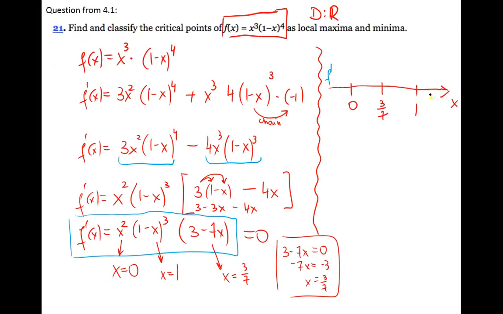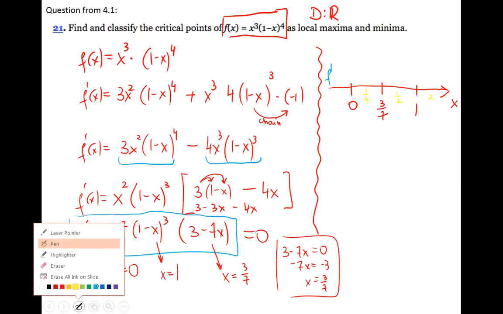That means I will substitute 2. Oh, those are tiny intervals, extremely tiny. What's a number between? Maybe 1/4. Okay, that means I'm going to substitute all of these values.